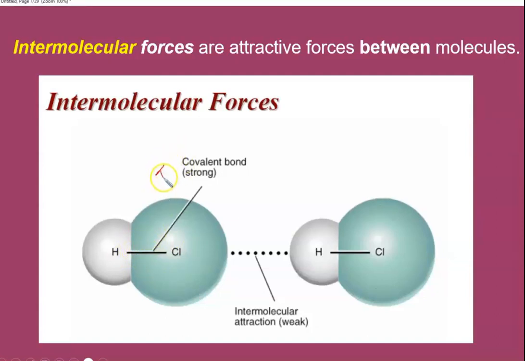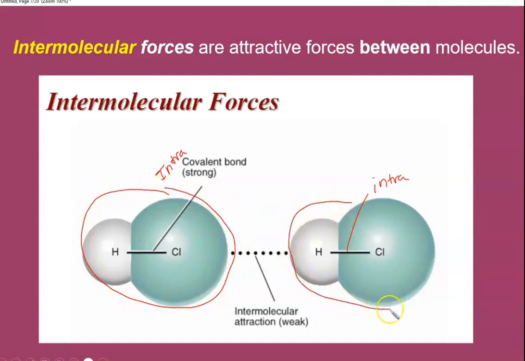This one right here is intra. It is holding the molecule together. What this one is here is a slight attraction that this molecule has for this molecule over here. And this is a weaker force called an intermolecular force.